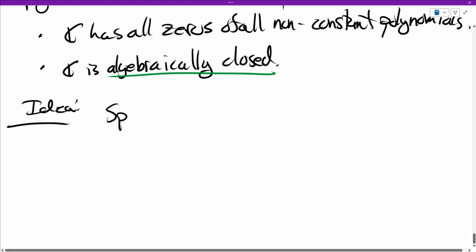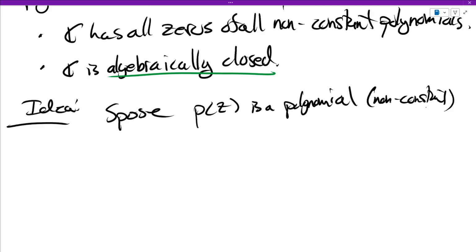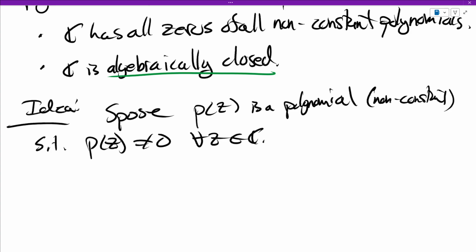Suppose that P of z is a polynomial function, non-constant, of course, such that P of z is not 0 for any z in C. So you can never get 0.